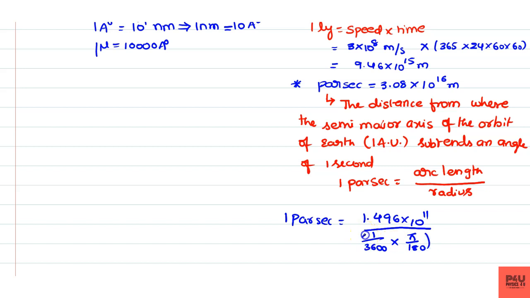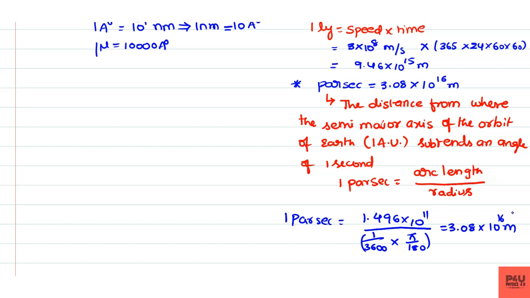If you solve this, we get 3.08 into 10 to the power of 16 meter. So this is how the parsec value is calculated.